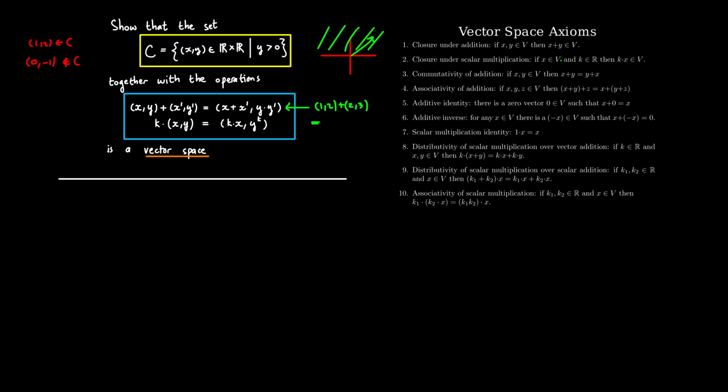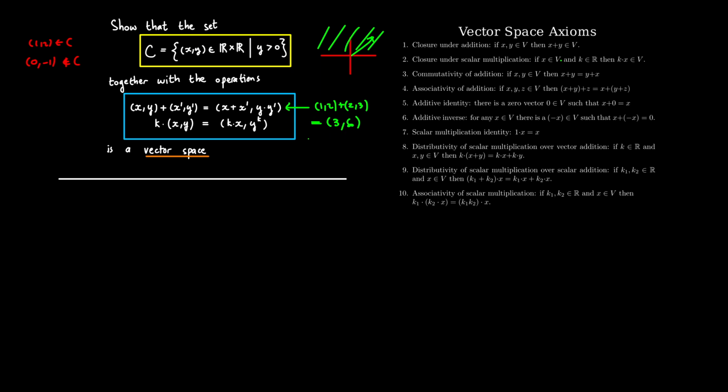What does this equal? Well, in this particular vector space, what do I do? I add the x components, just usually. So 1 plus 2, I get 3. And then I multiply the y components. So I take 2 times 3 and I get 6. So you can see here, this operation is neither like multiplication, nor like addition.